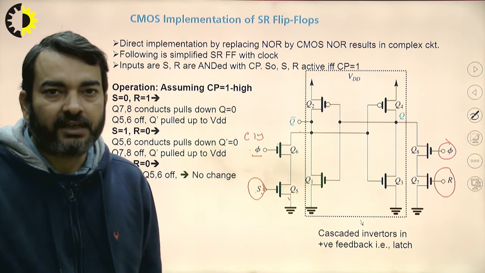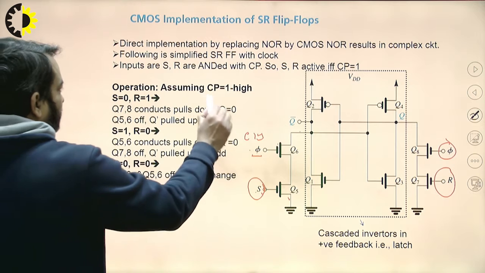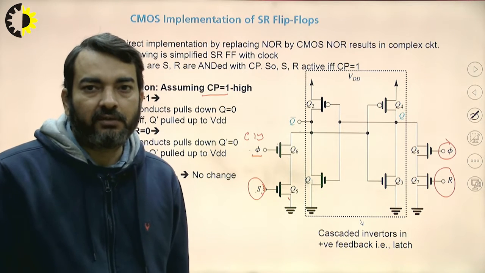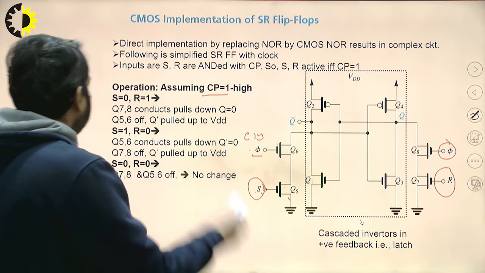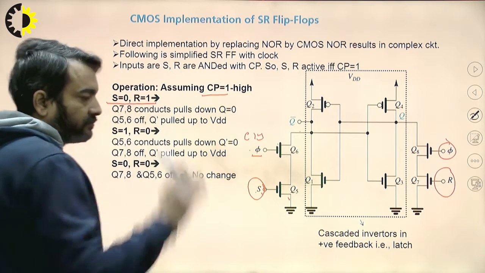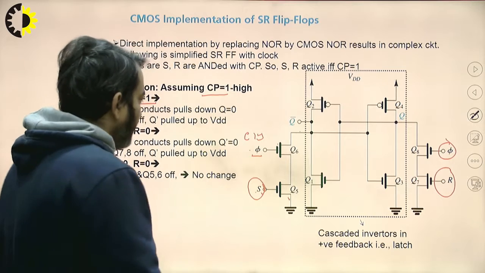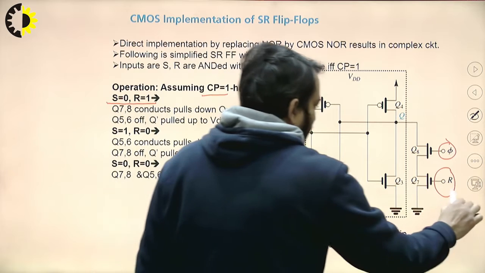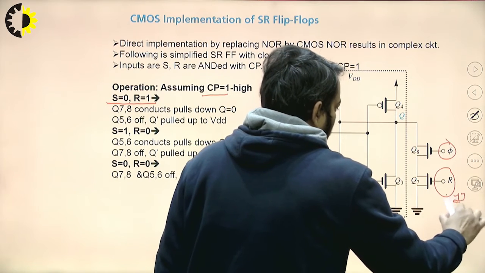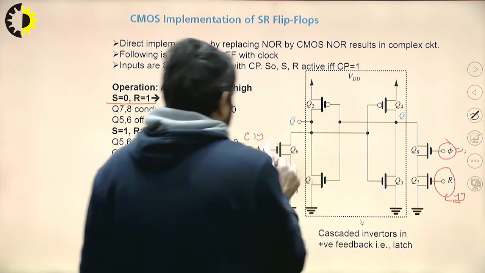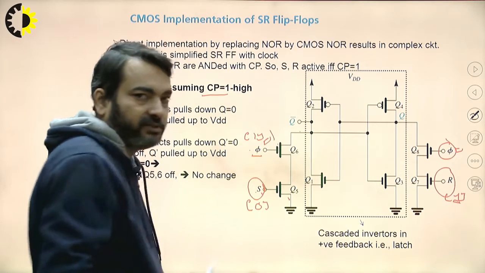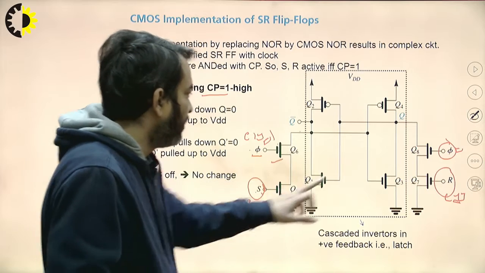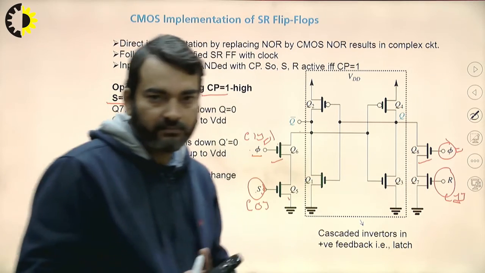So let us first assume the case where the clock pulse is 1, S is equal to 0 and R is equal to 1. Phi is 1, we have assumed. So phi is 1 means this transistor is on, this transistor is on.